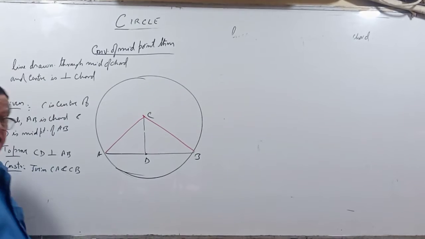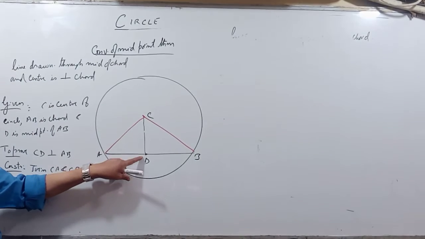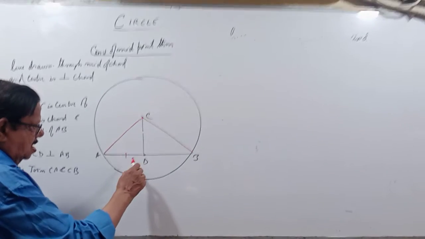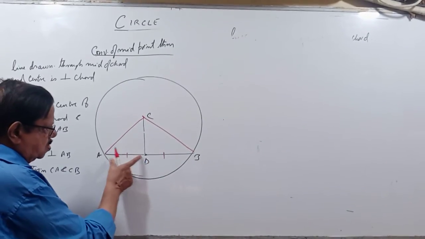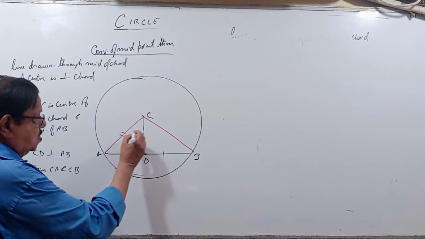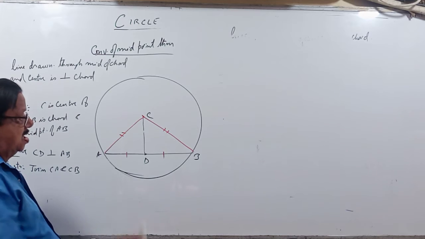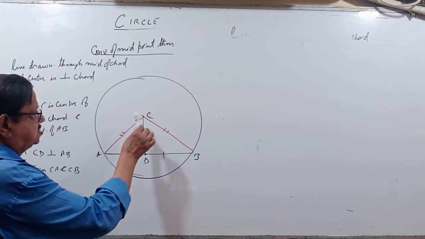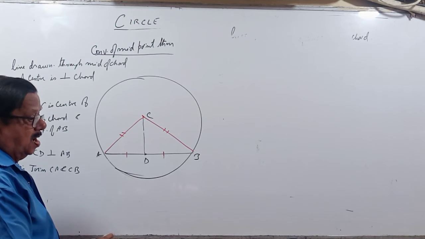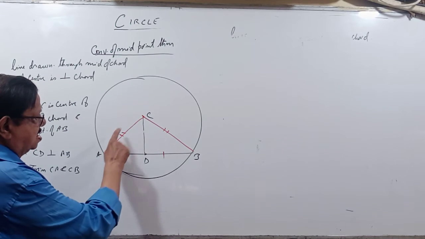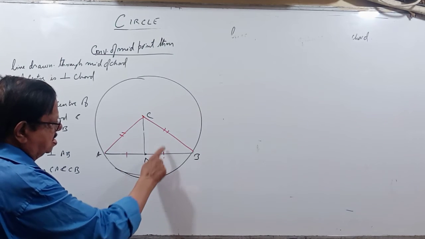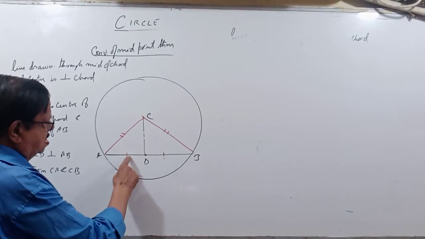देखो, they have given that D is the midpoint, so AD equal to DB. We know that CA is equal to CB, radii of the same circle, and CD congruent to CD. Therefore, the two triangles are congruent by side, side, side.